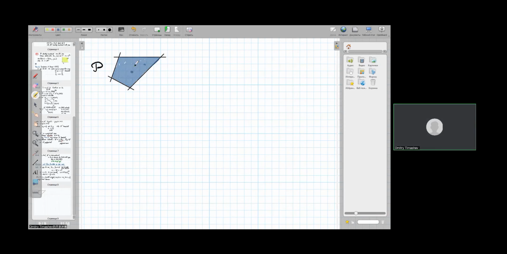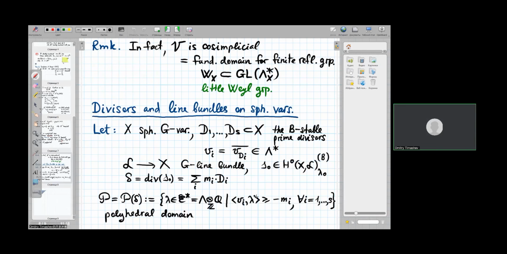And these hyperplanes, indicated by lines here, just denote the supporting hyperplanes given by these linear inequalities.